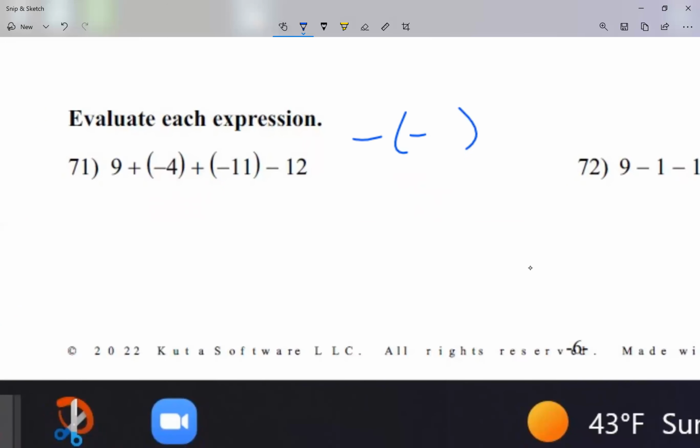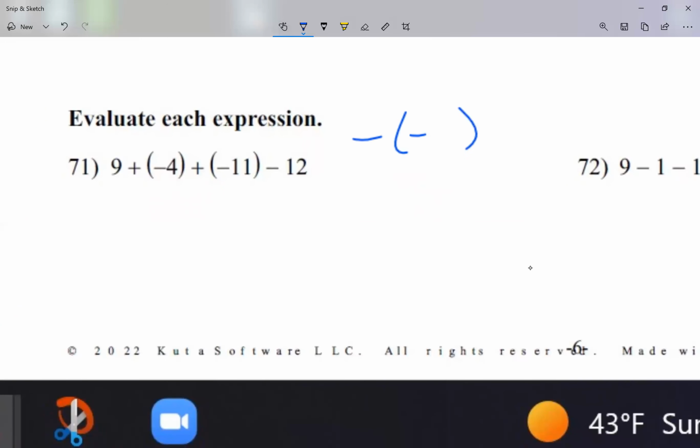So let me write this as 9 minus 4 minus 11 minus 12. And then I'm going to separate positives and negatives, so all the positives on the positive side and all the negatives on the negative side.